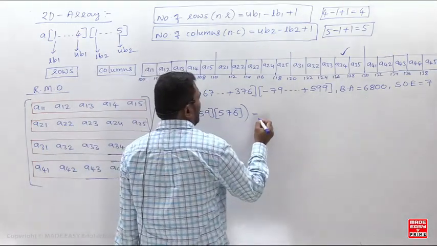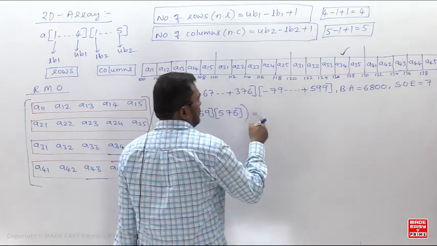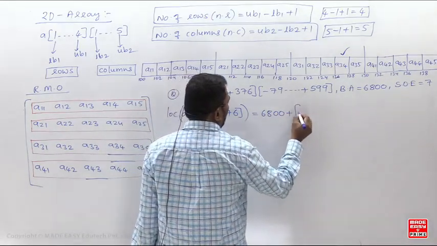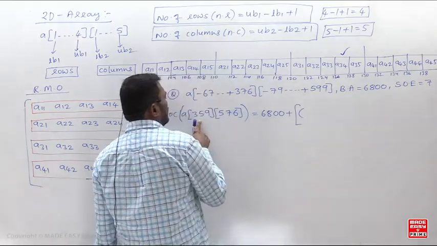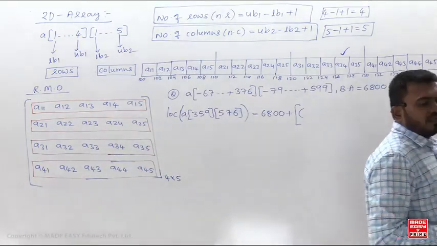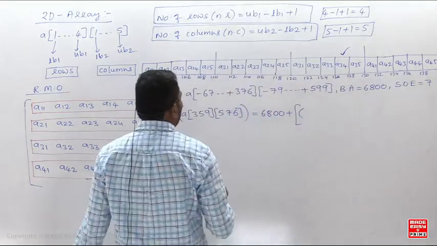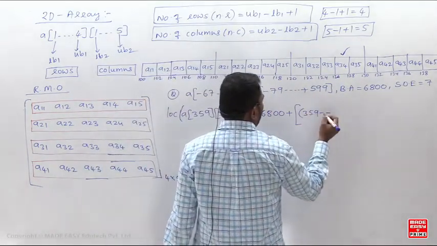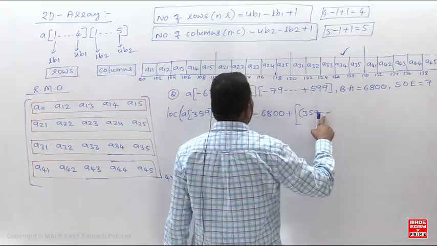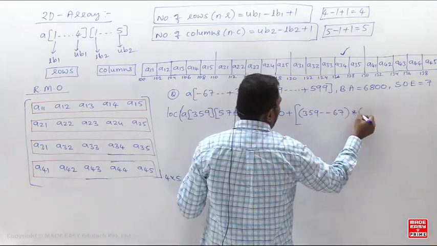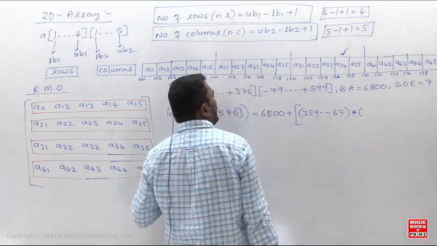So now listen here first. Base address is 6800, plus. Which row do you want to go to? 359. So to go to row number 359, how many rows do you have to cross? 359 minus 67. So this many rows you have to cross. And every row is having how many elements?